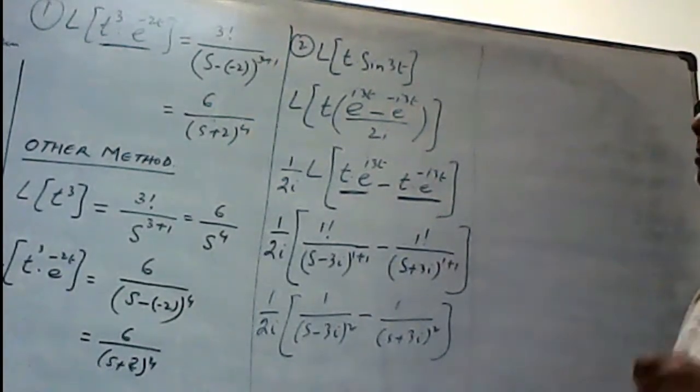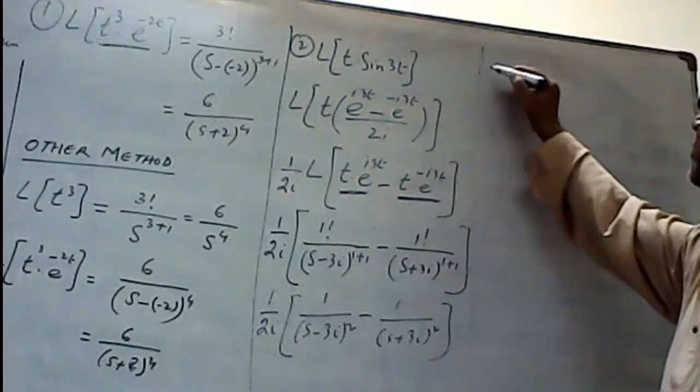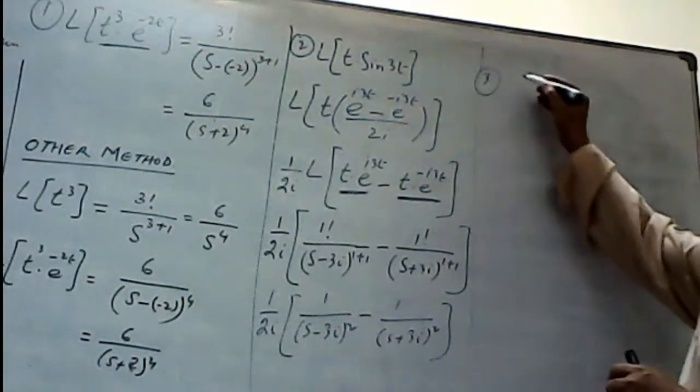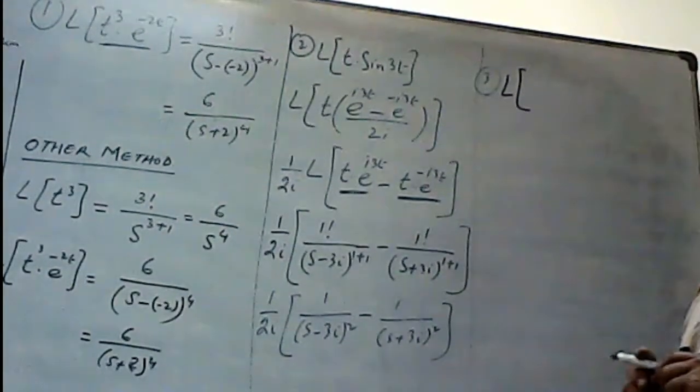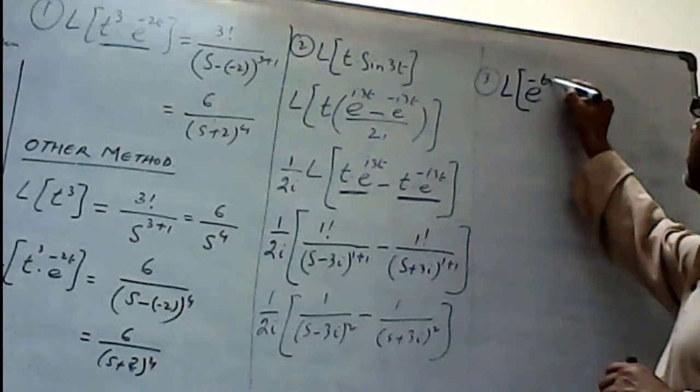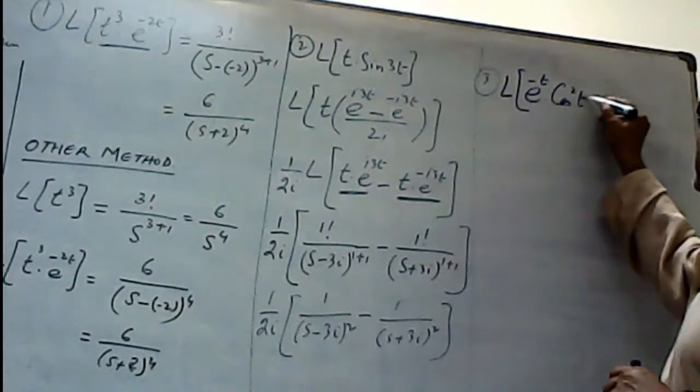Moving on to example number 3. Here we have Laplace of e power minus t cos square t.